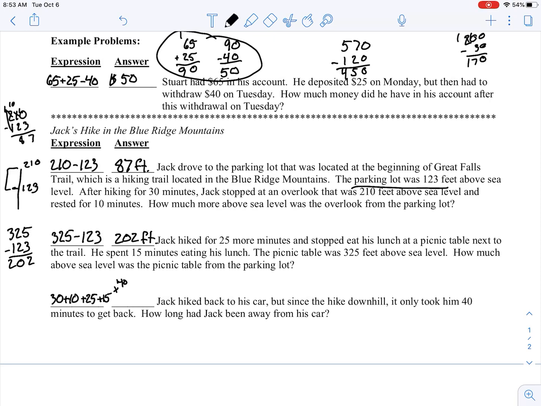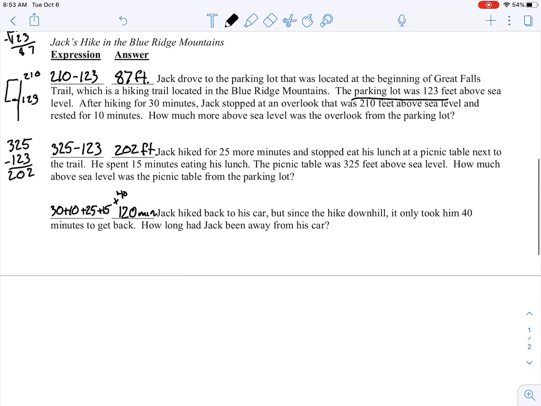So this is going to be all the time he was away from his car. So we're just going to add these up. So 30 plus 10 is 40, plus 25 is 65, plus 15 is going to give us 80, and then plus that 40 to get back to his car. So he spent 120 minutes or 2 hours away from his car.